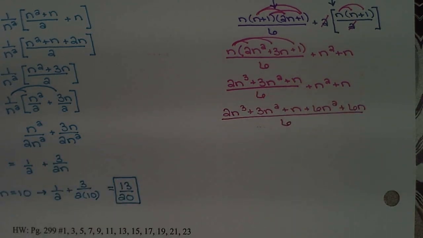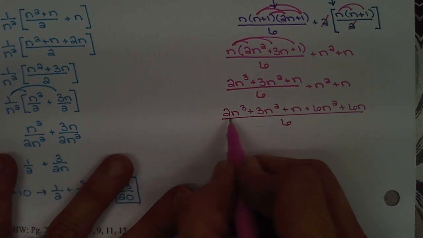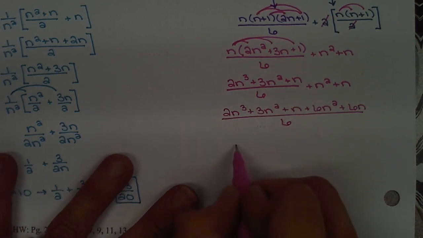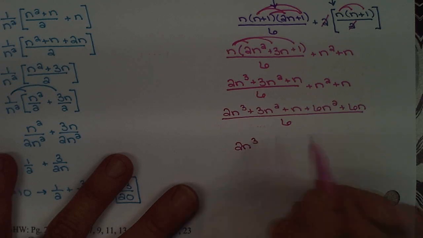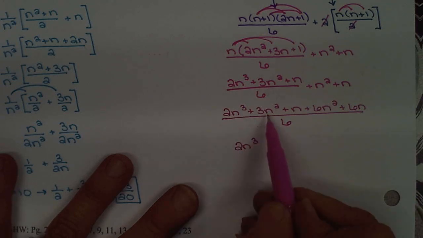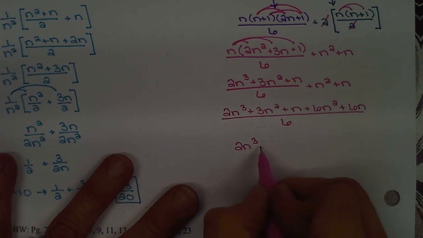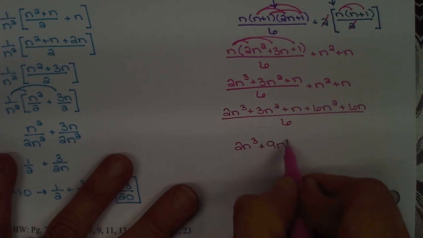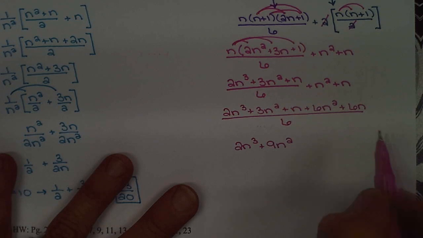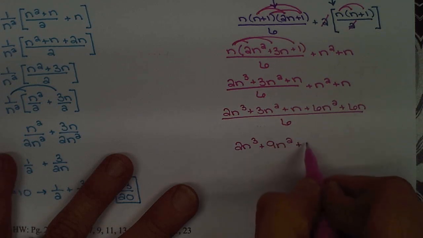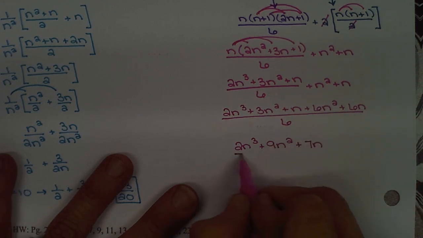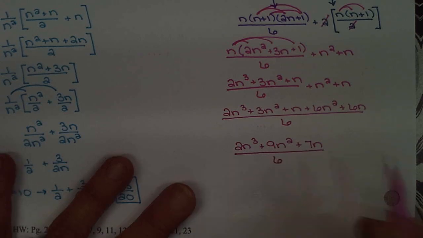Then I'm going to combine like terms. I don't have any other n cubes, so it's just 2n cubed. I have an n squared and an n squared. The 3 and the 6 are going to make a 9n squared. And then I have an n and a 6n to make a 7n. All over 6.